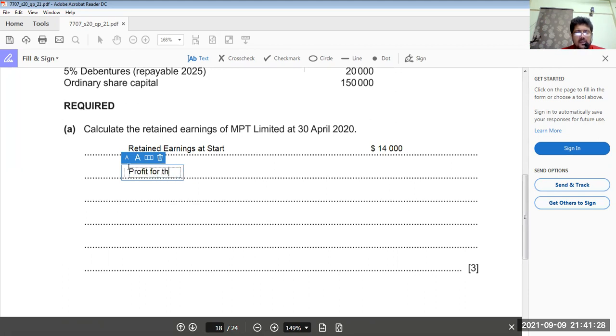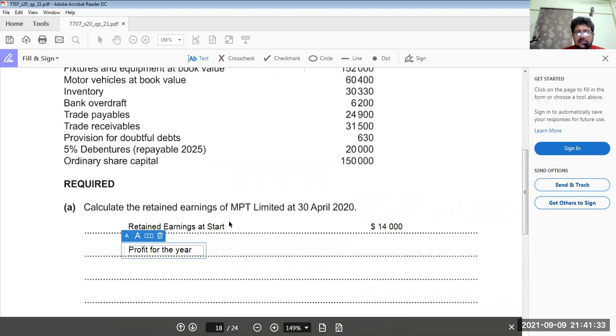Profit for the year, 28,000, earning after interest on debenture. Total. Now the retained earnings is 14,000 plus 28,000, total 42,000.